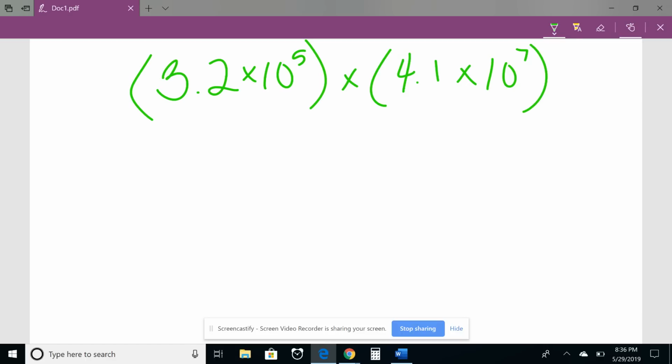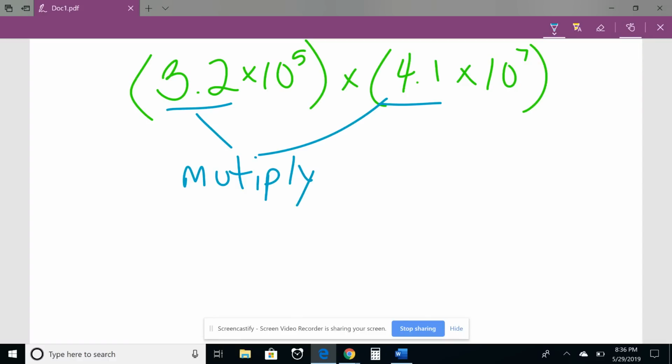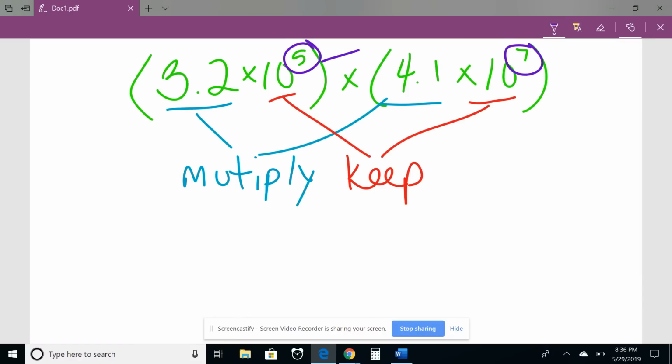Kind of the same rules as how we did multiplying algebraic terms before. We would multiply the numbers out in front. Keep the base like we kept the x's before, so we keep the powers of 10, and we add the exponents. And then make sure our number is in scientific notation at the end.